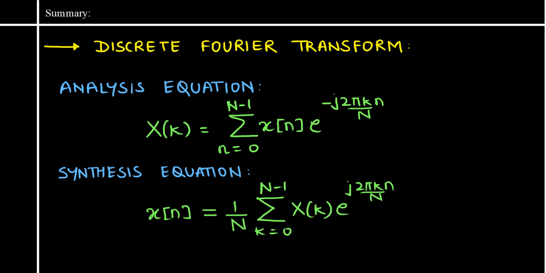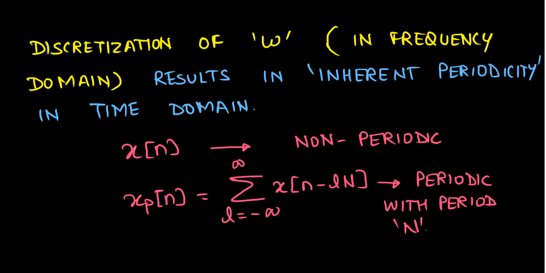Then we said that as we discretize the omega axis into N equal parts, this results in inherent periodicity in the time domain. What we mean is the initial signal whose DFT we need to find is a completely non-periodic signal, but as we discretize omega, what we are left with is a repetitive sequence which is periodic with period N, and this is nothing but an inherent periodicity introduced by discretizing omega. So let's stop here. Thank you.